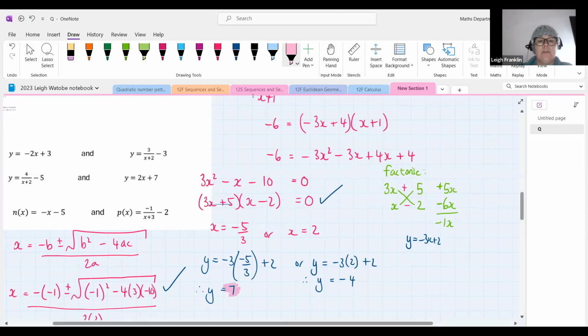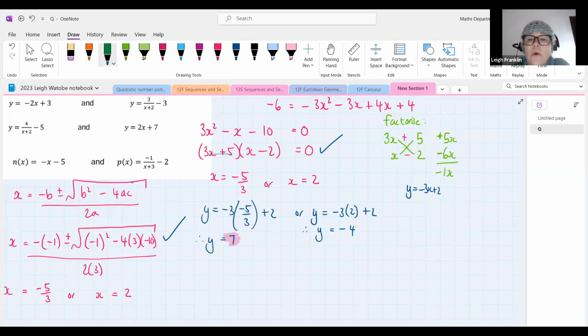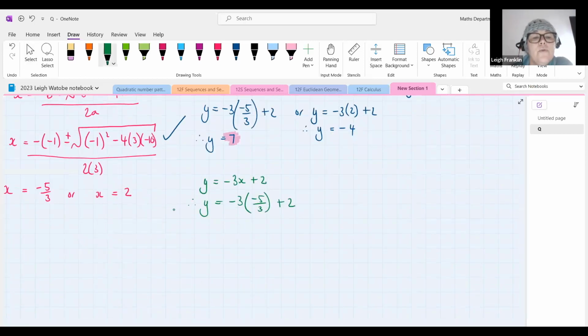Oh, okay. All right. So let's just double check that I haven't made a mistake. So if y is equal to negative 3x plus 2, and we know that x is minus 5 over 3, then we've got negative 3 into negative 5 over 3 plus 2. So when you multiply fractions, you're multiplying numerator with numerator and denominator with denominator.